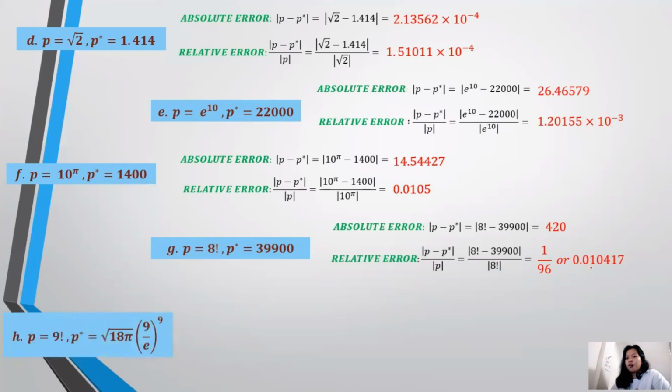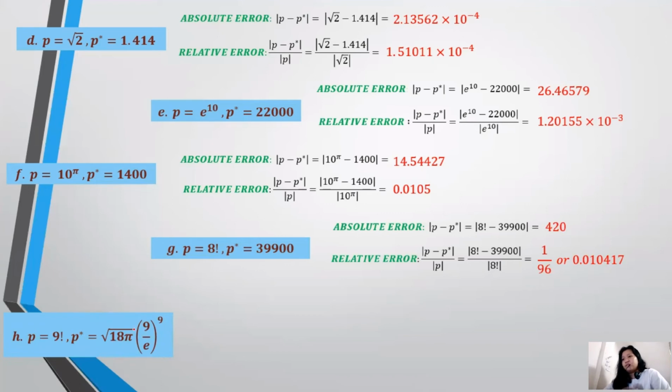And lastly, for number one, the question for the absolute error and the relative error. So the given P is equal to 9 factorial, and the P asterisk, or the approximate value here, is the square root of 18 pi times the quantity of 9 over e to the power of 9.